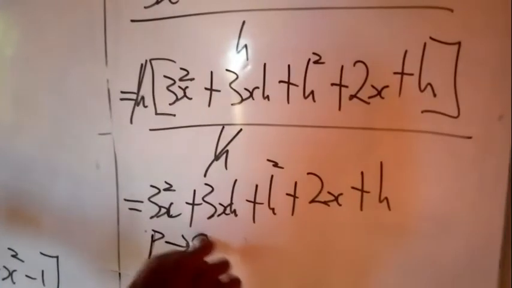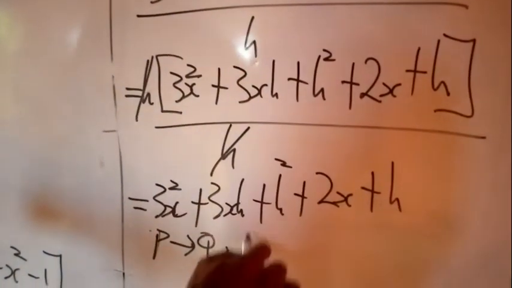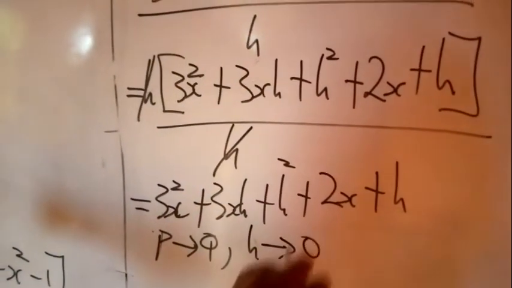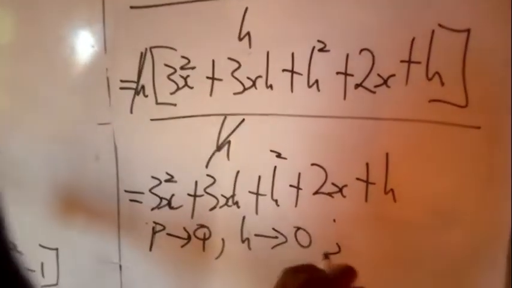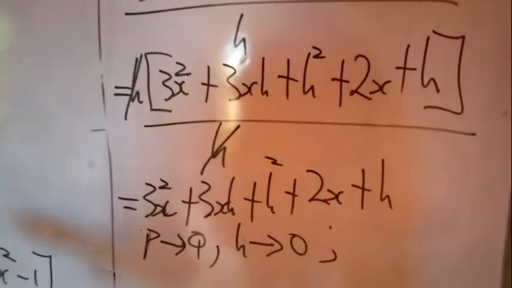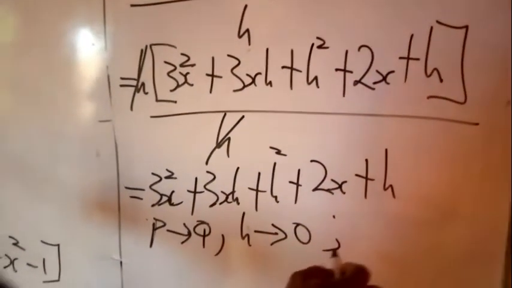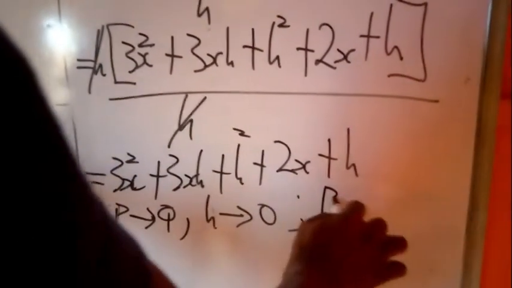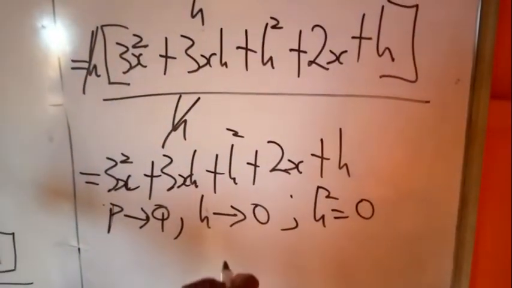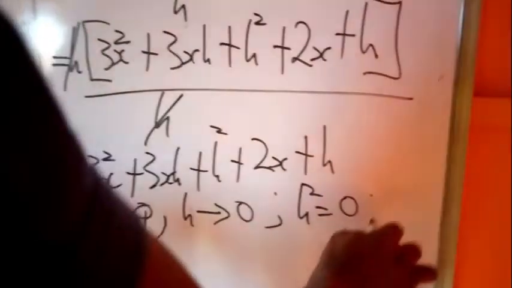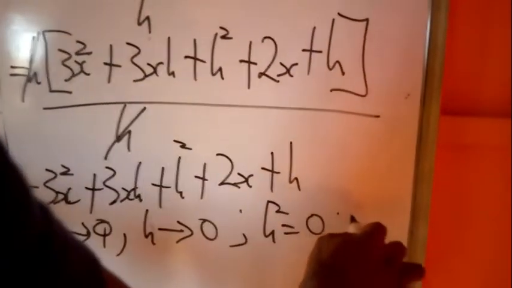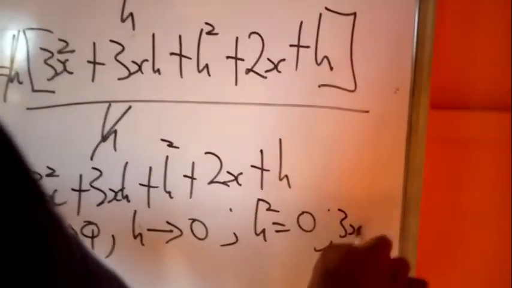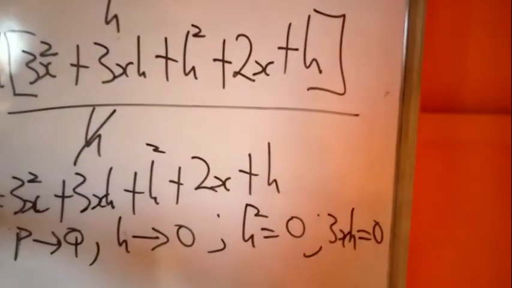As P tends to Q, h tends to 0. Therefore, we have h squared equal to 0, and 3xh is equal to 0.